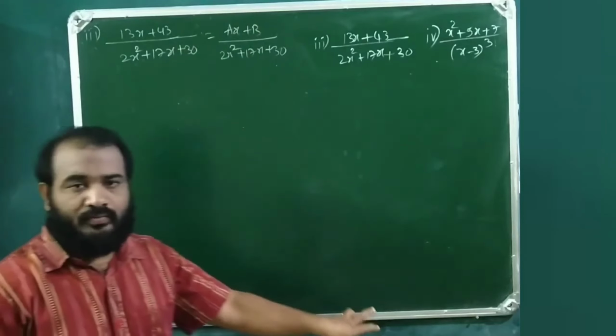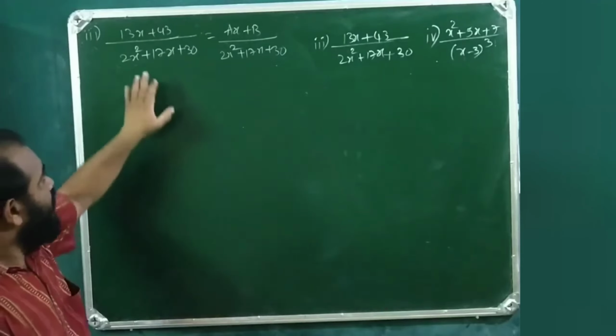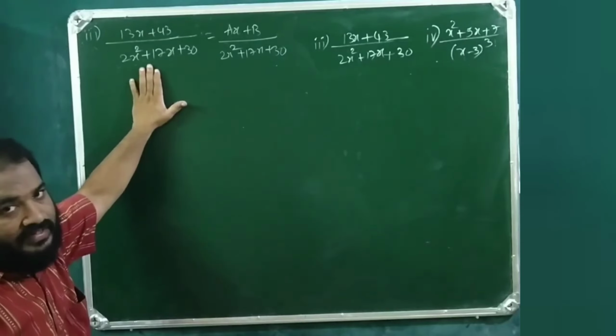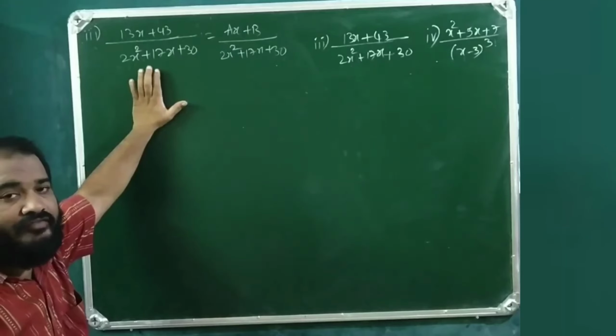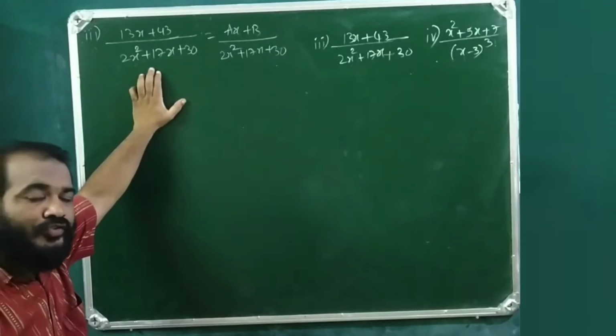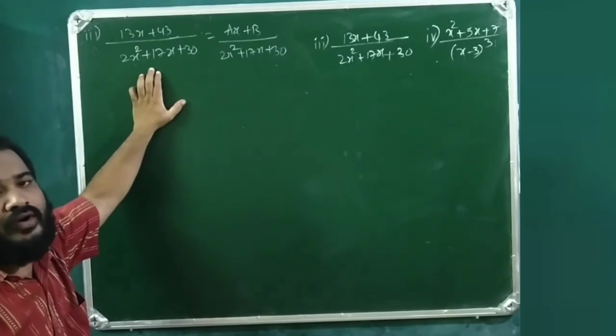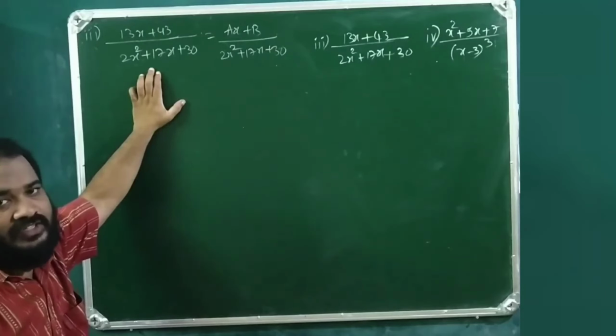So which is a wrong process, because this is a quadratic factor, okay, but which kind of quadratic factor it is? Is it a reducible quadratic factor or irreducible quadratic factor is what we have to check first.